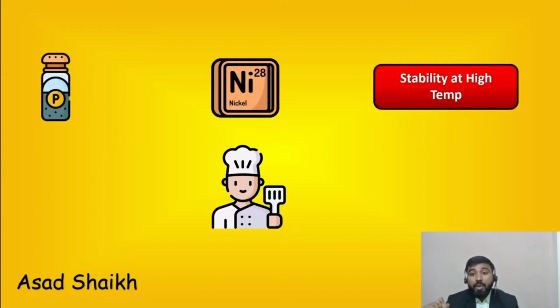The next component which comes in is going to be nickel. Now nickel, what it does is it adds stability at high temperature. In most applications, especially for instrumentation, you would see SS316. The reason is it has nickel, it has chromium, it has carbon. So it is comparatively hard, it has good corrosion resistance, and because of nickel, it has stability at high temperature.